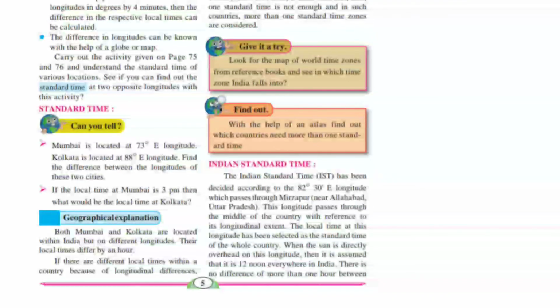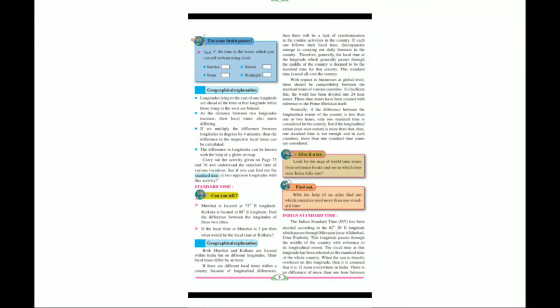standard time. The Indian Standard Time, IST, has been decided according to the 82 degree 30 minutes east longitude, which passes through Mirzapur, near Allahabad, Uttar Pradesh. This longitude passes through the middle of the country with reference to the longitudinal extent.